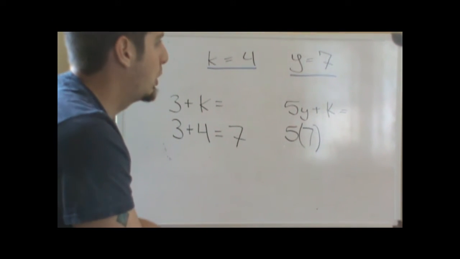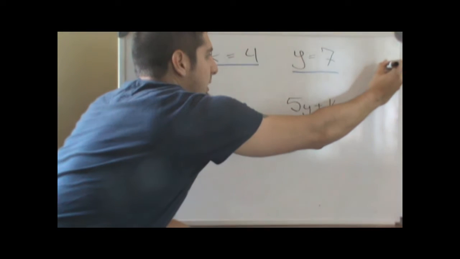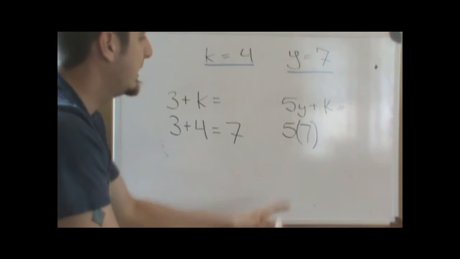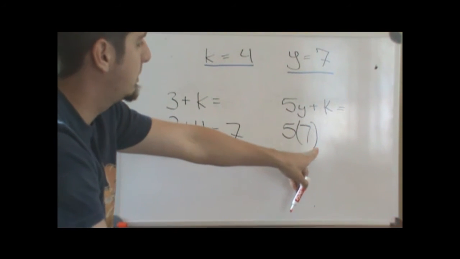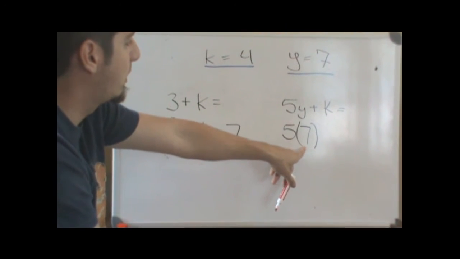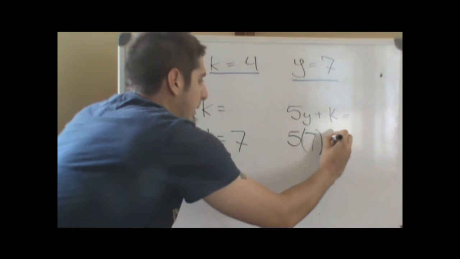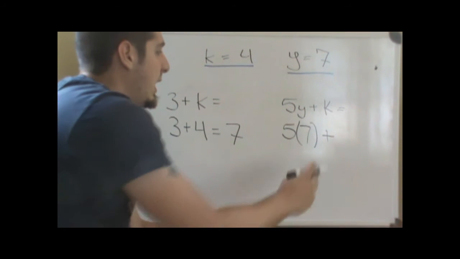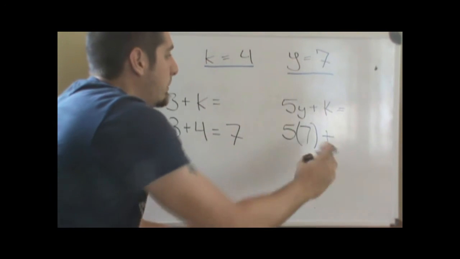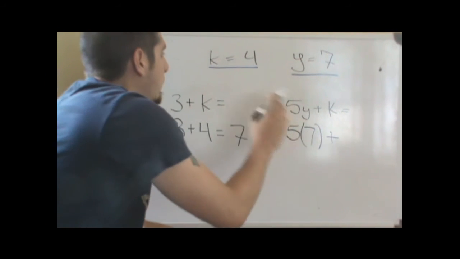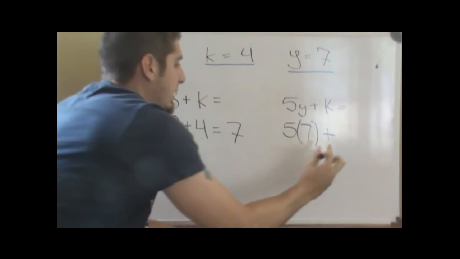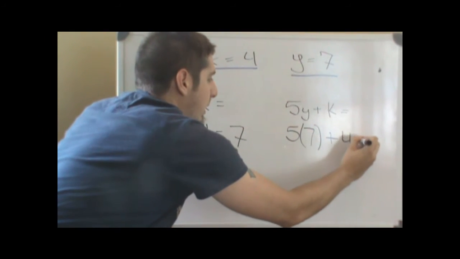The other most common way is just with a dot. Most mathematicians, in my experience, prefer to use parentheses. And now we have to finish writing the problem, and we write plus whatever number k represents, which in this case is 4.